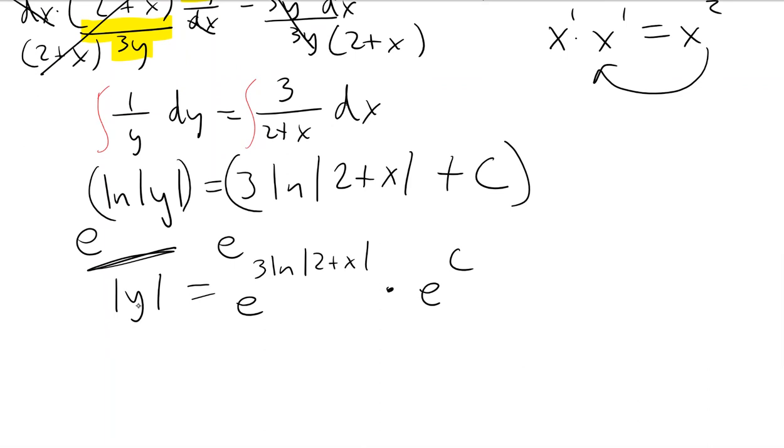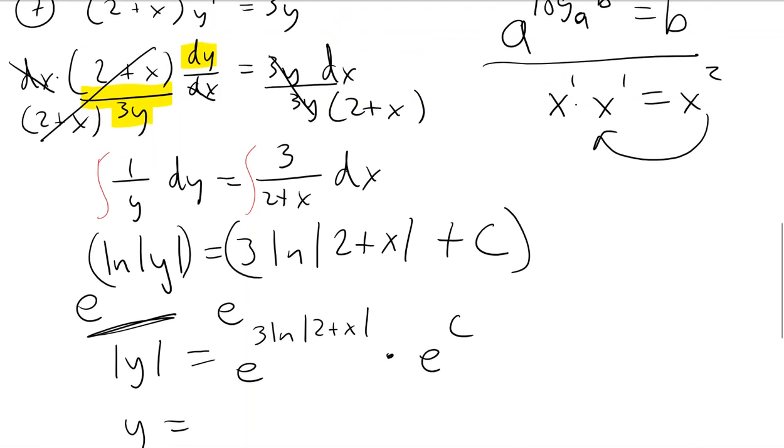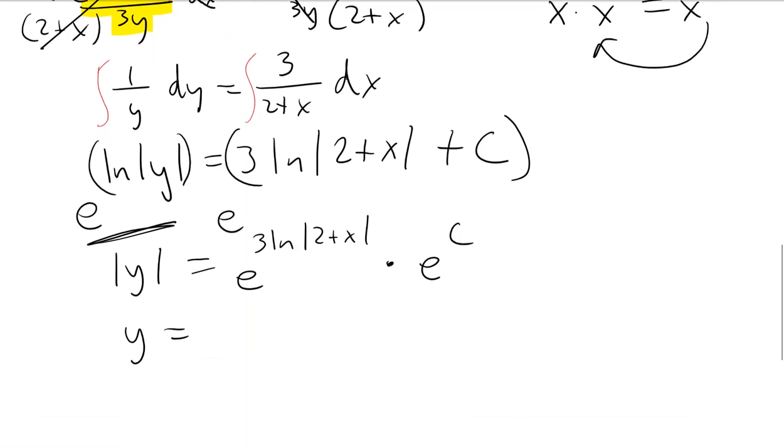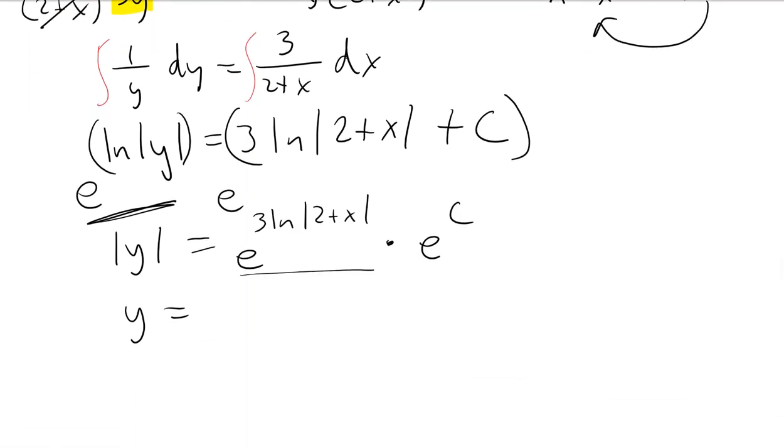Alright, so this guy's going to end up being y. This is the same property again. This one up here, apply it here. We'd have to move the 3 up as an exponent. That's another logarithm property. But now it's e to the log base e of some stuff. So all of that stuff is going to go like that.